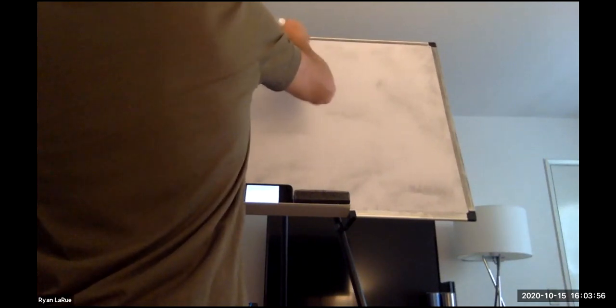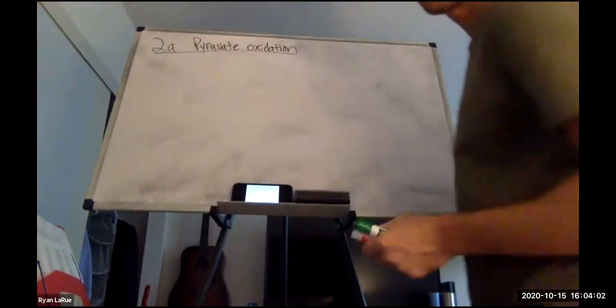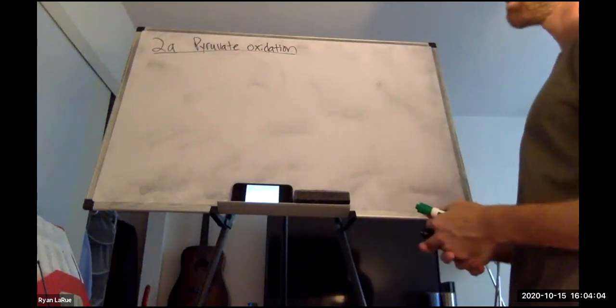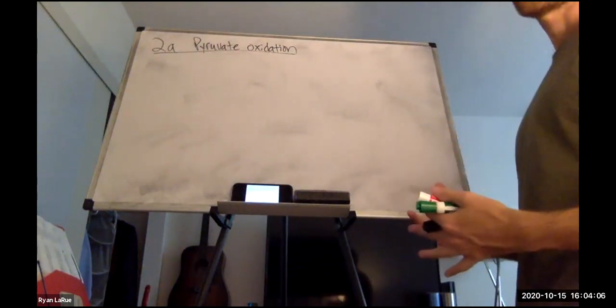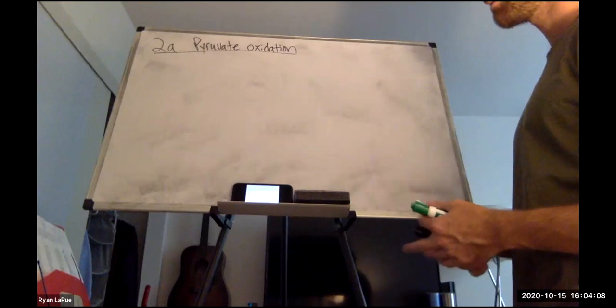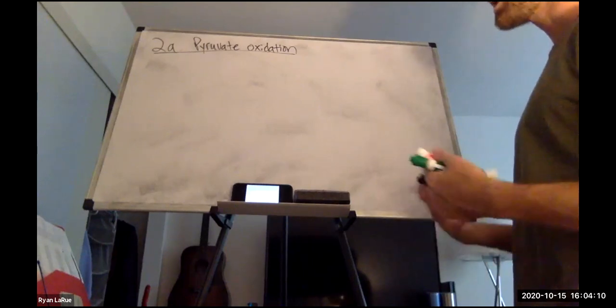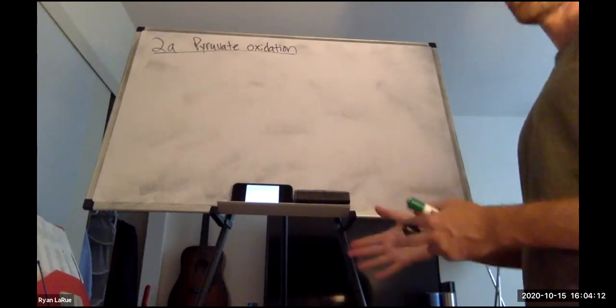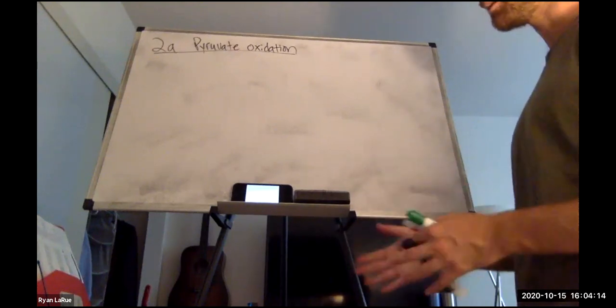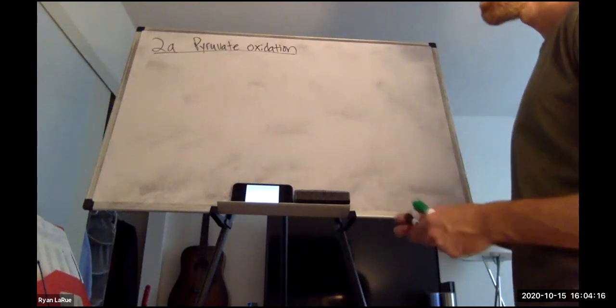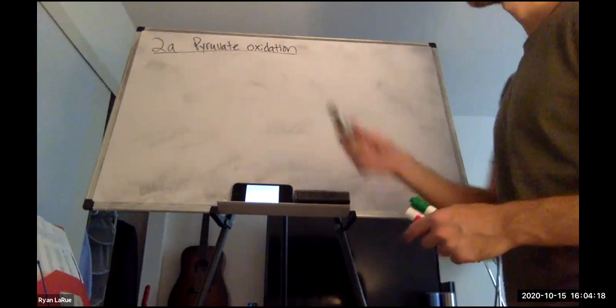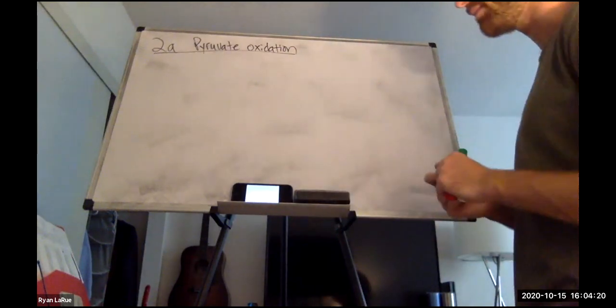Now, as we continue our process here of modifying and reacting glucose subsequently and converting it to different substrates and products, we finished off glycolysis with 2 pyruvate molecules.